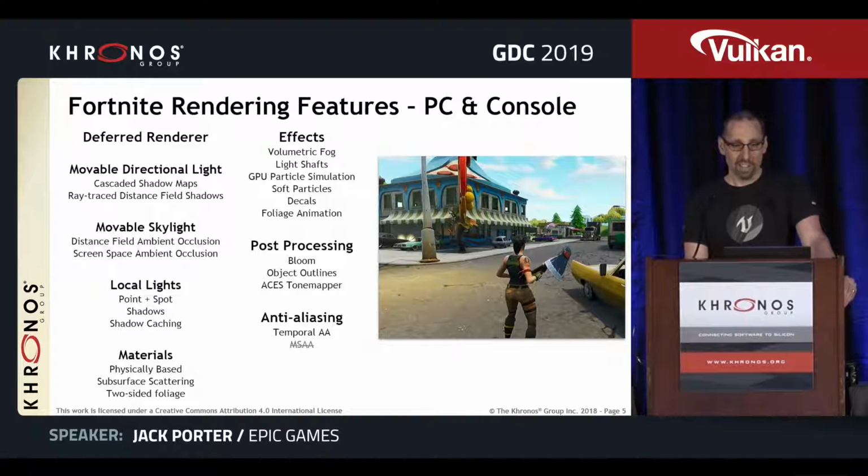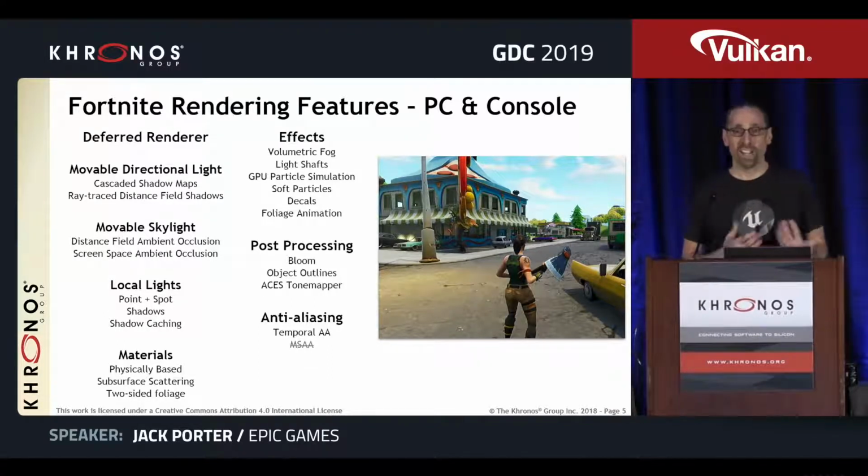So at the very start, I need to compare what we can do to simplify things. If we look at the features we use on desktop and console, we have a deferred renderer, we have a movable directional light for time of day, with CSM, and we have some distance field shadows.